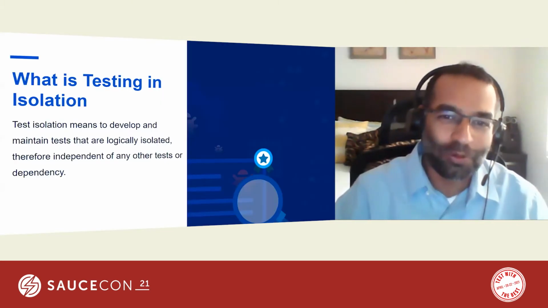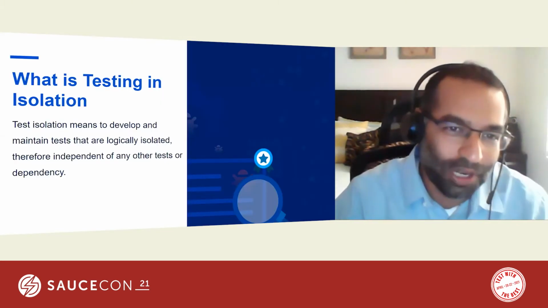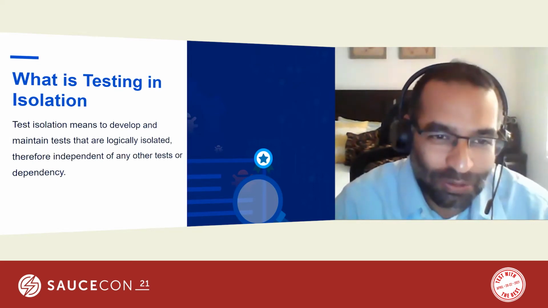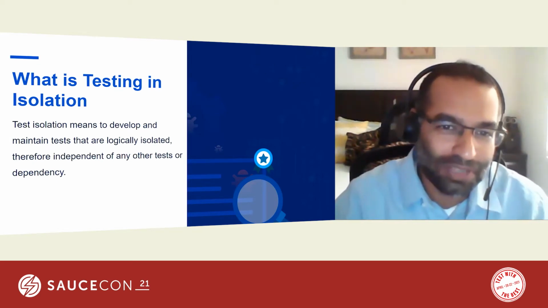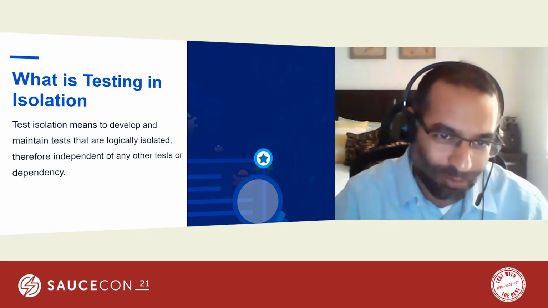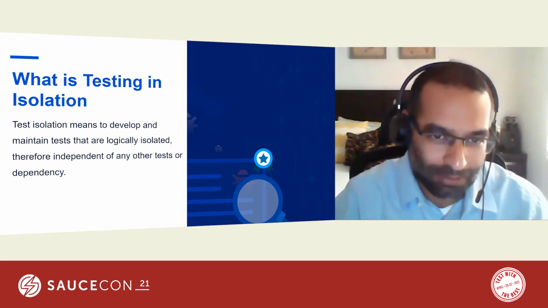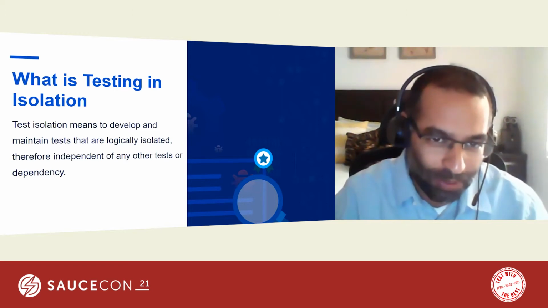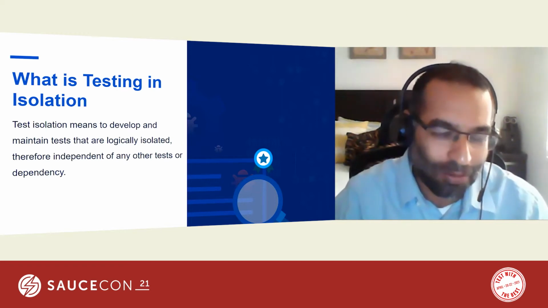This is a general definition of testing in isolation. It has to do with test automation: whatever test you are testing should be logically isolated, meaning it should not depend on any other test or dependencies.